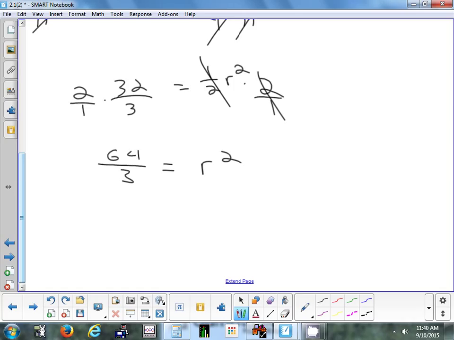Got r squared on the right. Jacob, what am I going to do now? Do you remember what the opposite of squaring something is? Square root. Yep. So what we're going to do is take the square root on both sides. And when you take the square root of a fraction, the way you do it, take the square root of the top and the bottom separately.